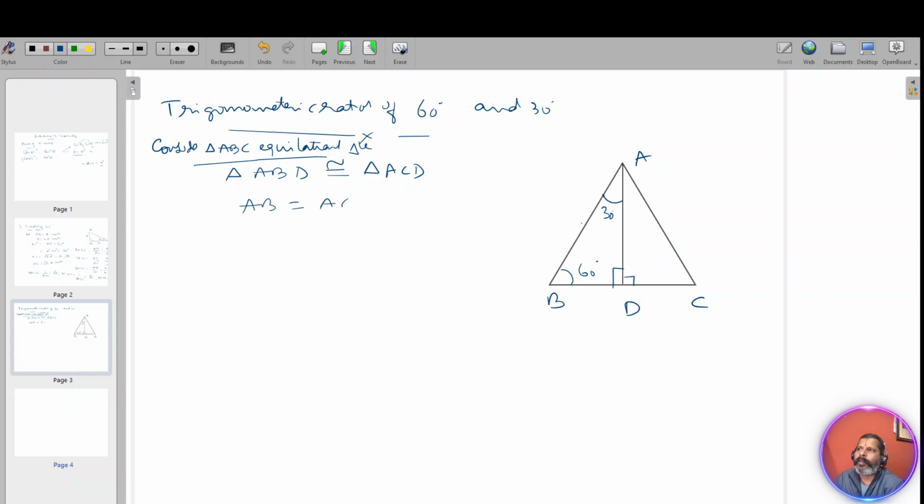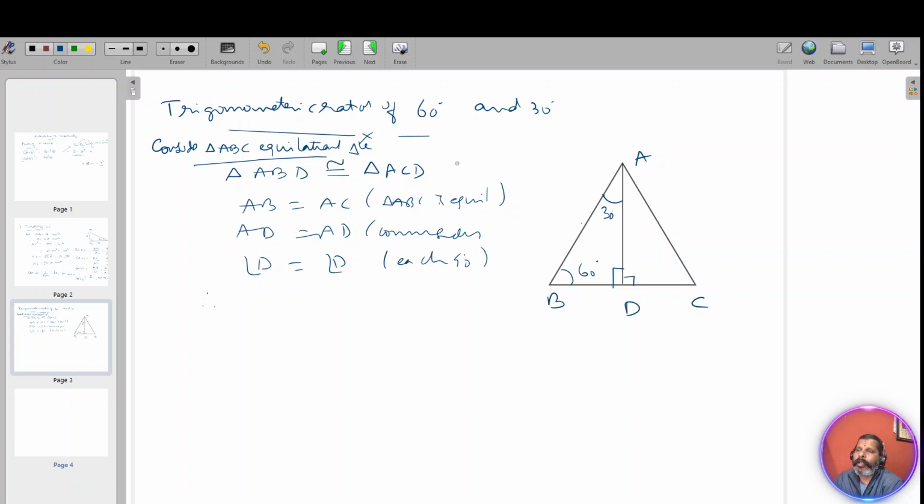See, AB and AC are equal, AD is a common side, triangle ABC is equilateral, and D is 90 here, D is 90 here, each 90.